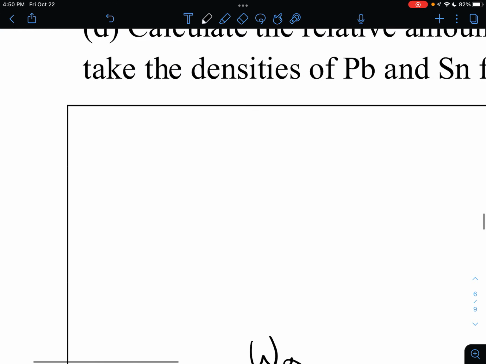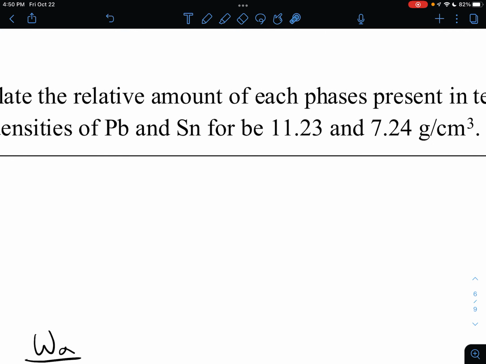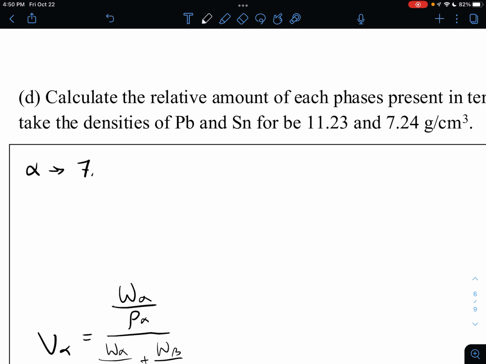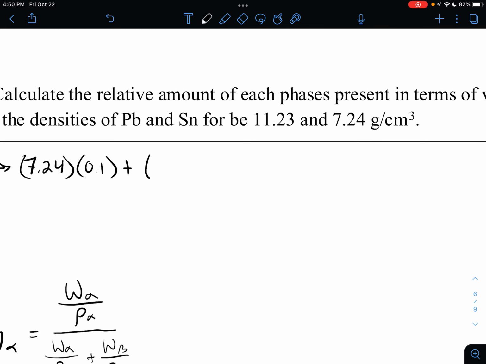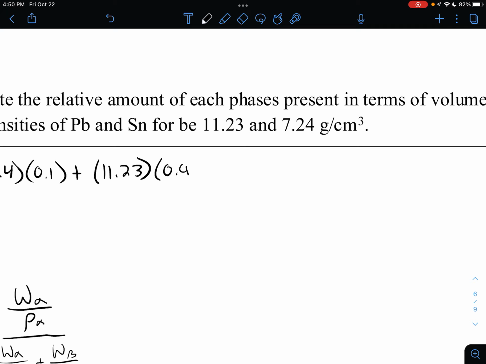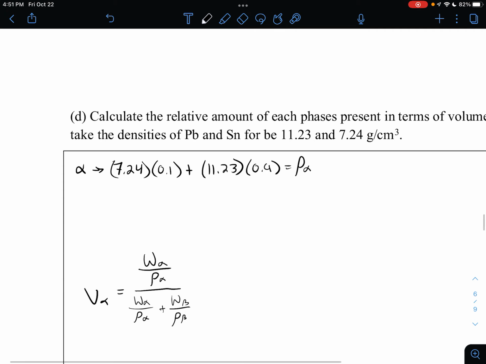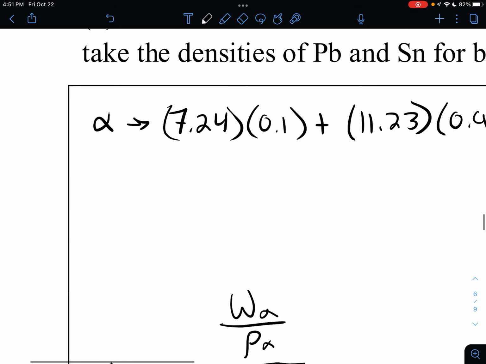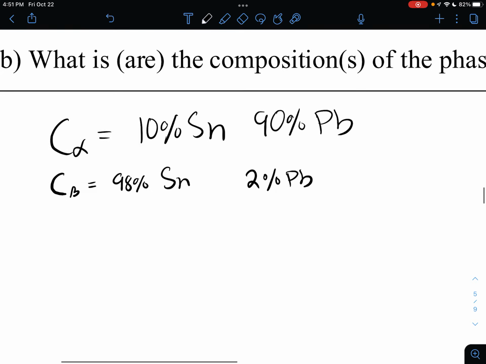So for alpha, our density is going to be, if we do tin, 7.24 times our 10%, 0.1, plus our lead, which is 11.23, times our 90%, that's going to give us the density of alpha. Again, because that's the composition of alpha, just weighted, right? And then same thing for beta. So beta was 98% tin, 2% lead.